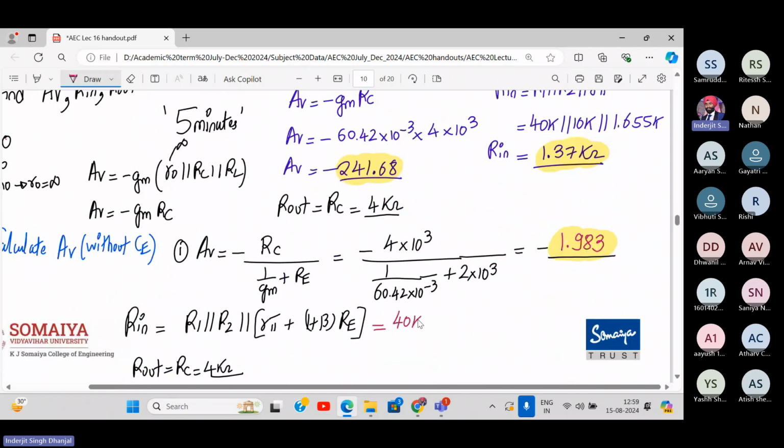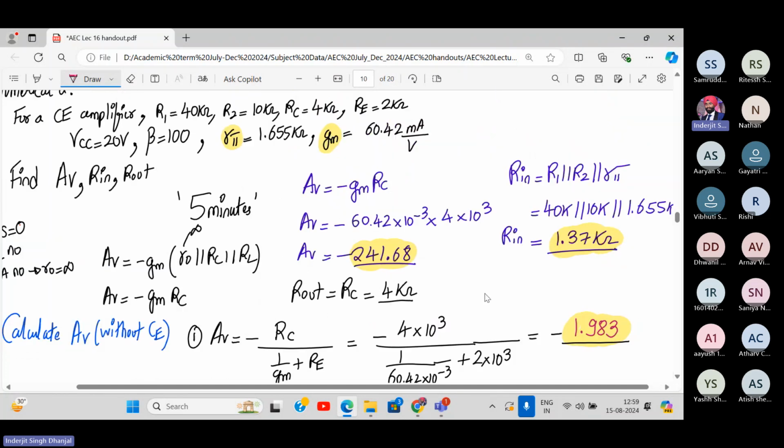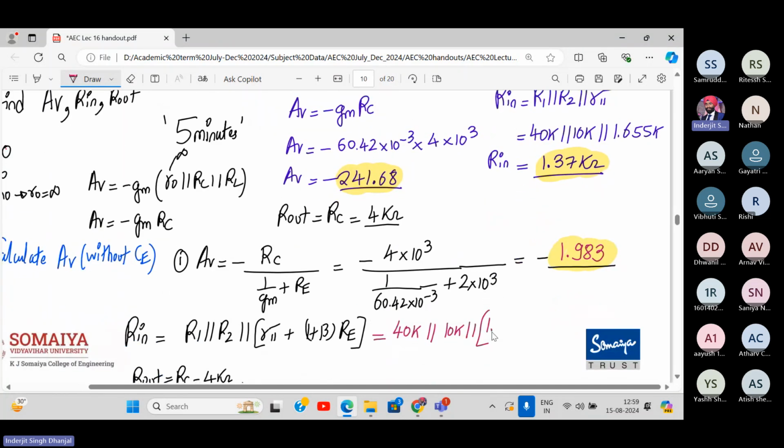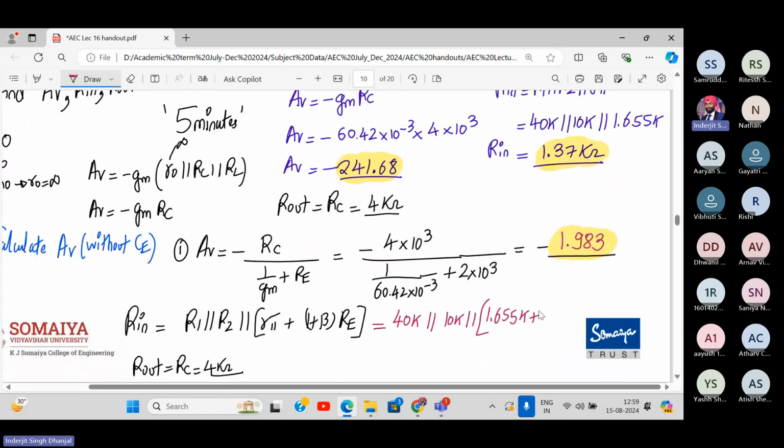It's 40K parallel to 10K parallel to RE is 1.655K plus beta is 100, so 101 times 2K. Calculate this Rn, how much it is? So this is definitely greater than 10 kilo ohms. So the answer will be less than 10 kilo ohms. How much is this? Anyone?